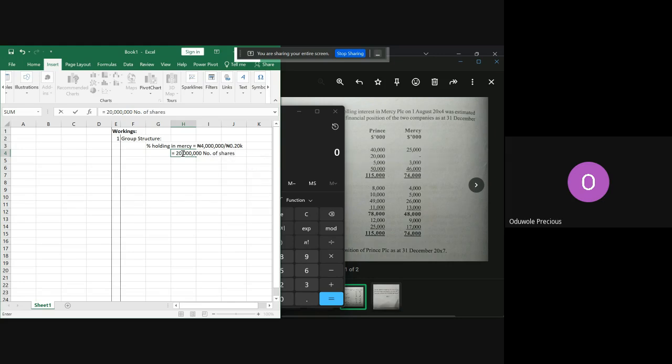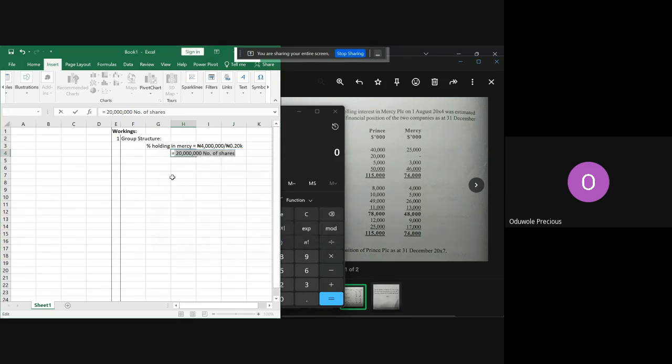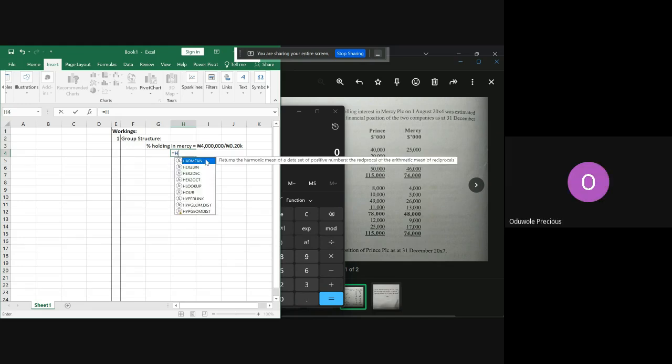Now, out of this 20 million, let me tag that something.